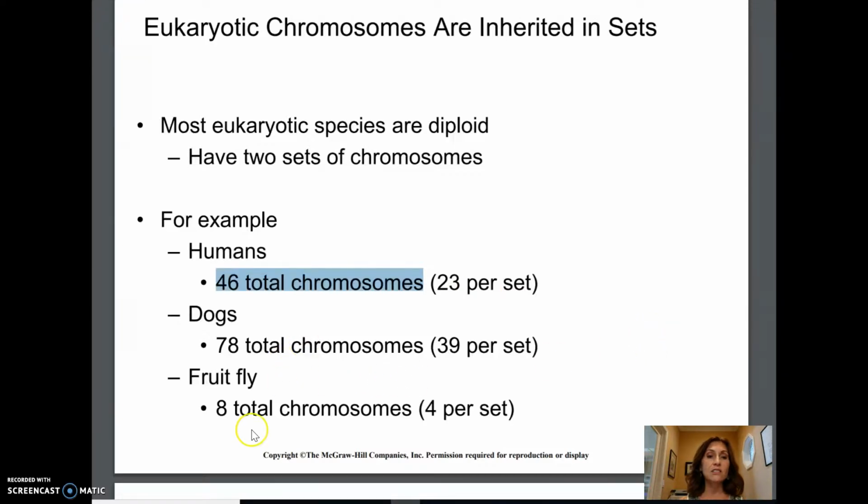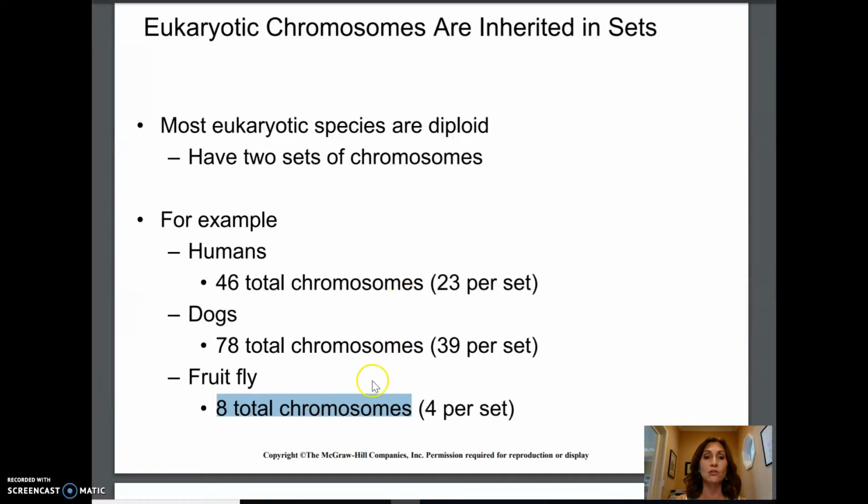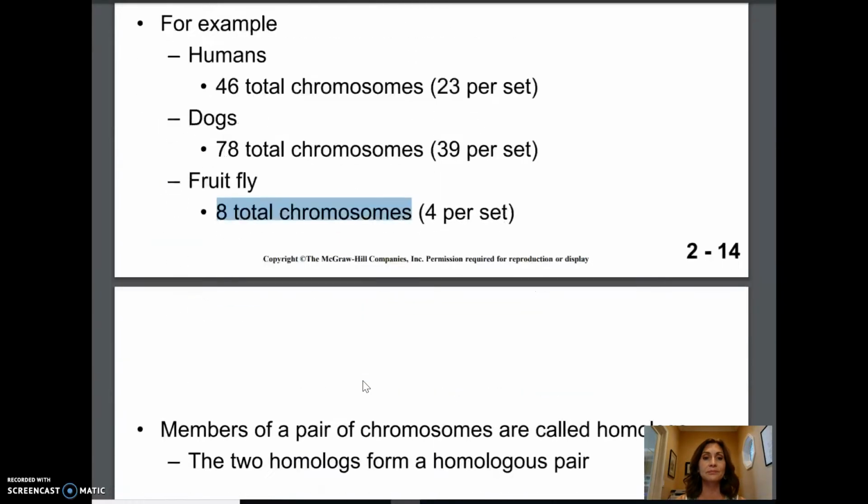Dogs have 78. Fruit flies have 8 total chromosomes, or 4 per set. This is why fruit flies are often used for genetic studies. Not only do they breed and multiply very quickly, but they only have 8 chromosomes to analyze, which is a lot less than the 46 that humans or the 78 that dogs have.